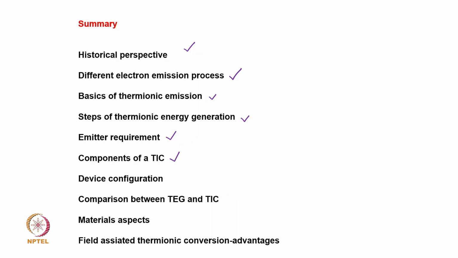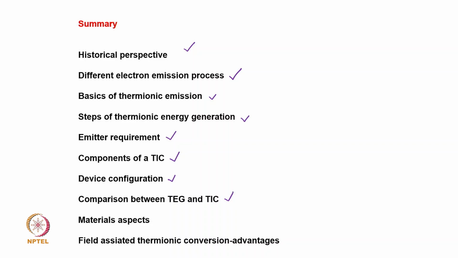Then we have seen what is the typical device configuration considering all the heat processes or heat energies involved in a thermionic converter, where we have seen the Q in is the input heat and Q out is the output heat. One is from the emitter, another is through the collector, and then other components of heat which are contributing to this thermionic generator. Then we made a brief comparison between thermoelectric generator and thermionic converter, okay.